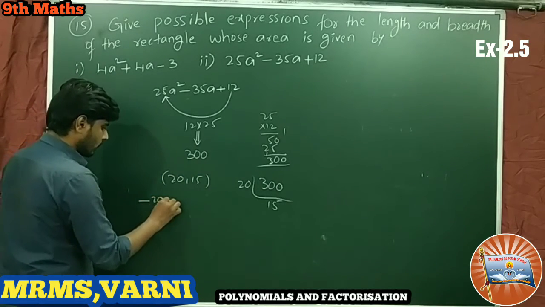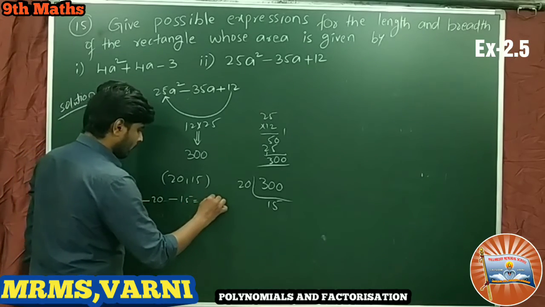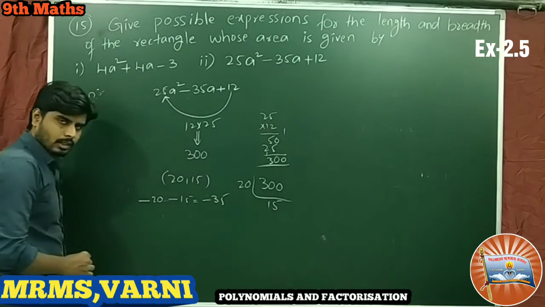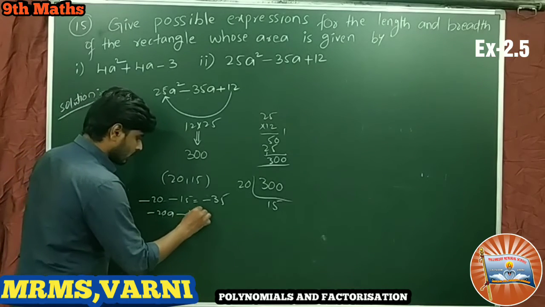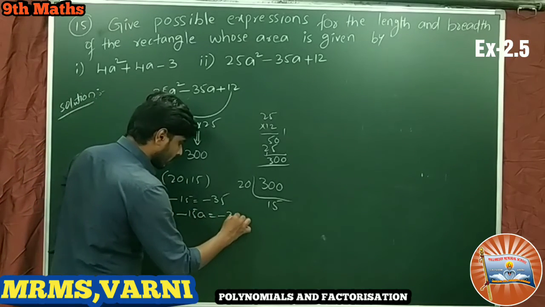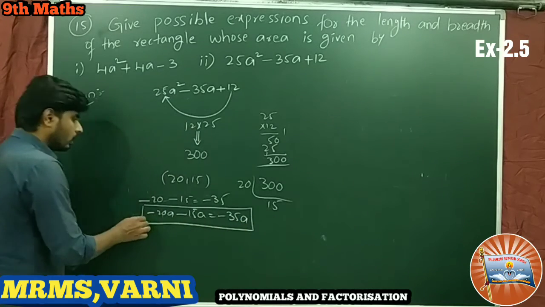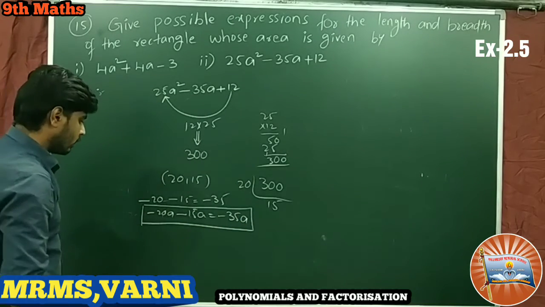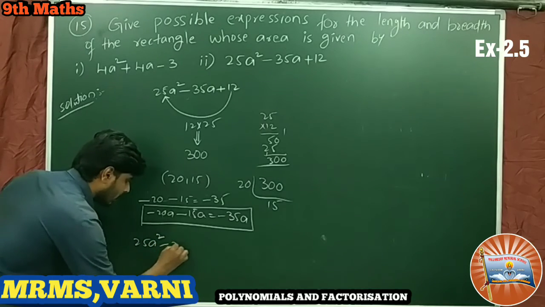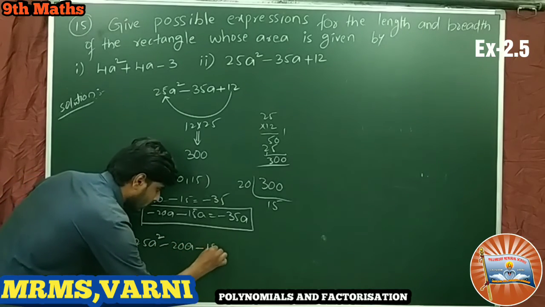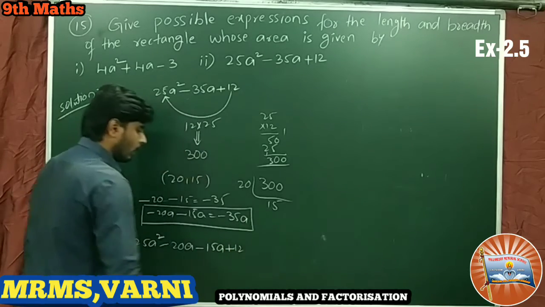Minus 20 minus 15 we get again minus 35. So minus 20a minus 15a is equal to minus 35a. This pair is suitable here. So I'm taking 25a square minus 20a minus 15a plus 12.